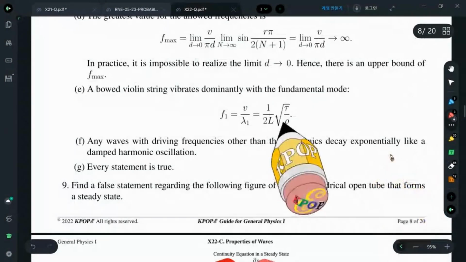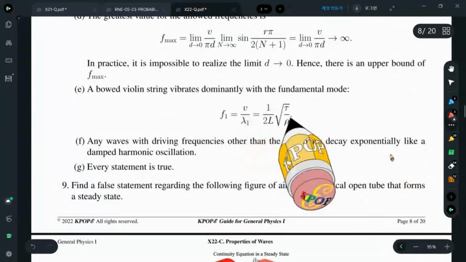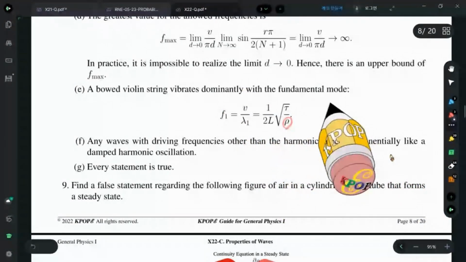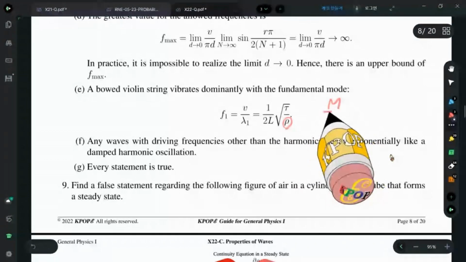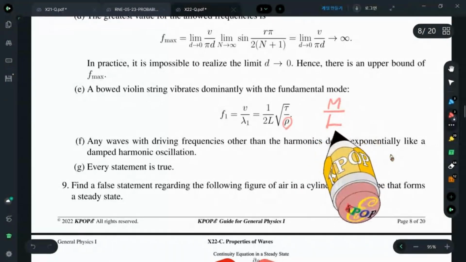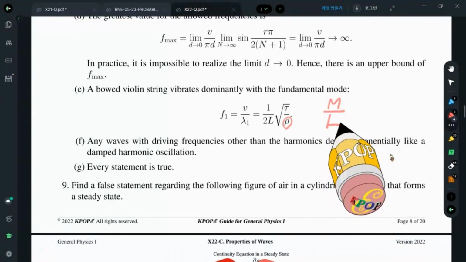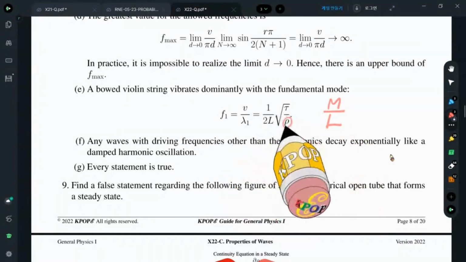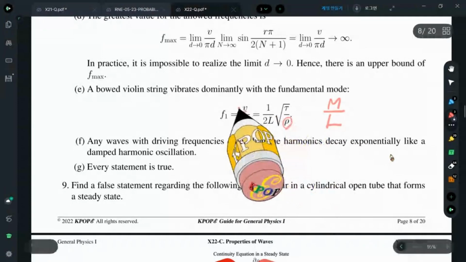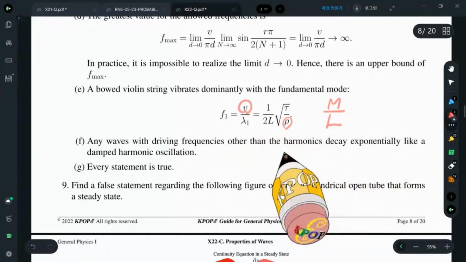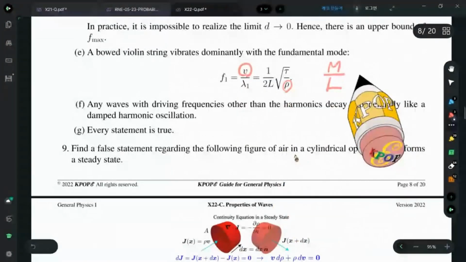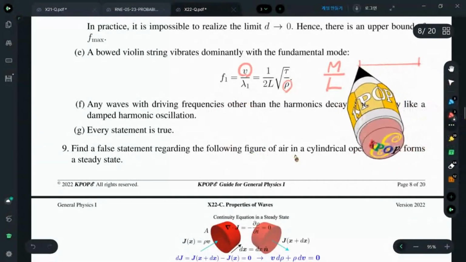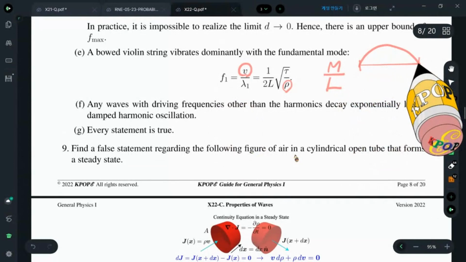Please remember this formula. This is tension divided by density. Density is mass over length of the string. This one determines the speed. For the fundamental frequency, the string length is half of the wavelength.